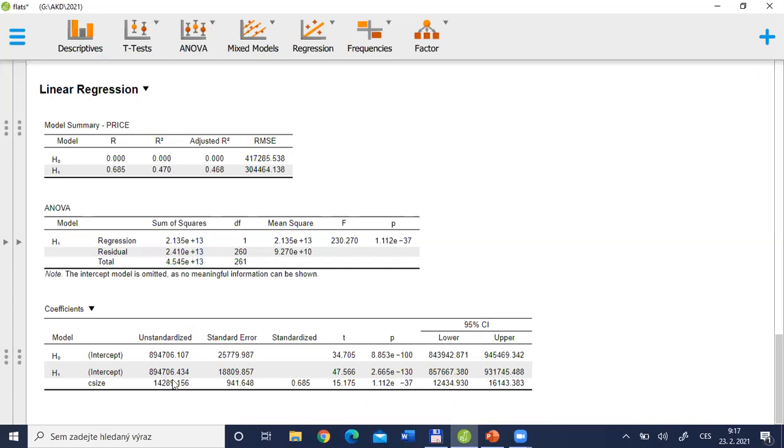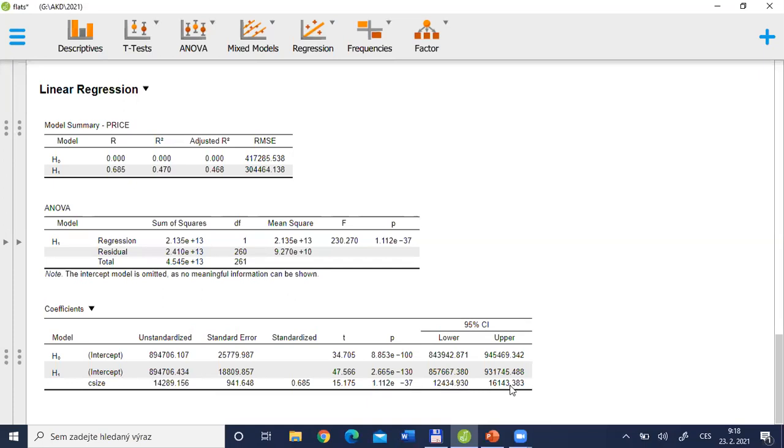By testing, we can only recognize whether there is some impact or not. But by confidence interval, we can somehow recognize what would be the impact of the independent variable on the dependent variable. And here we can see that the original value for the sample is maybe slightly lower or slightly higher in the population, but it is still quite a substantive relationship.